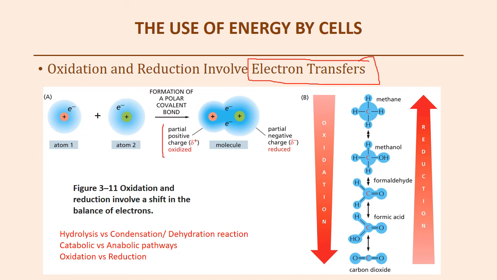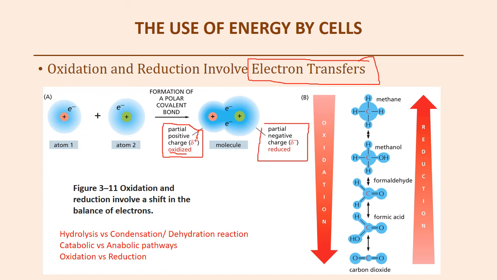When it releases the electron, the overall weight of that atom becomes slightly lighter because it's losing a component of itself, and therefore it also becomes more positive. That's indicated by a positive signal, and oxidized is the term we use to indicate that the electron has been lost and moved to another atom. The atom that receives the electron is going to be reduced.